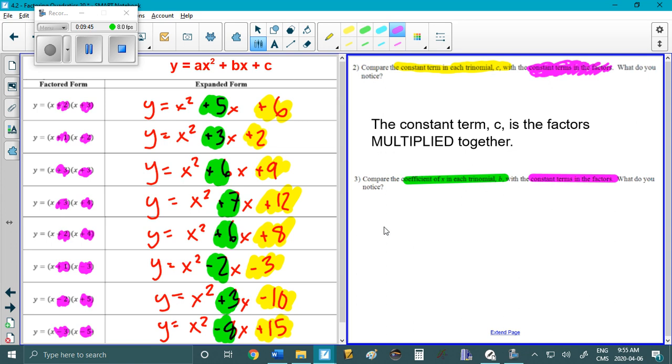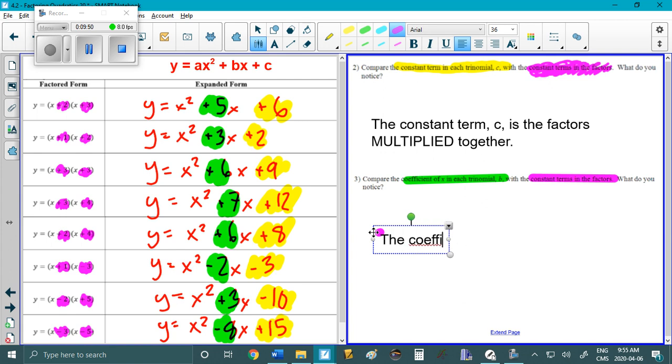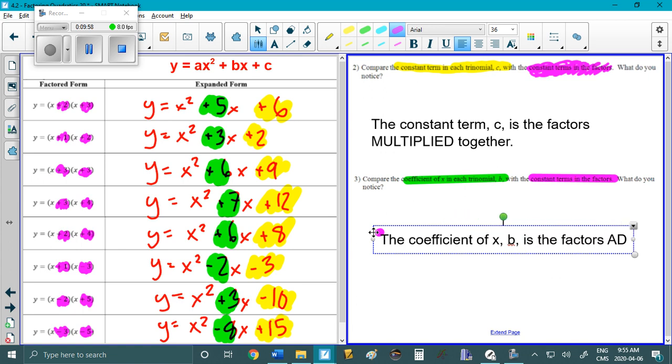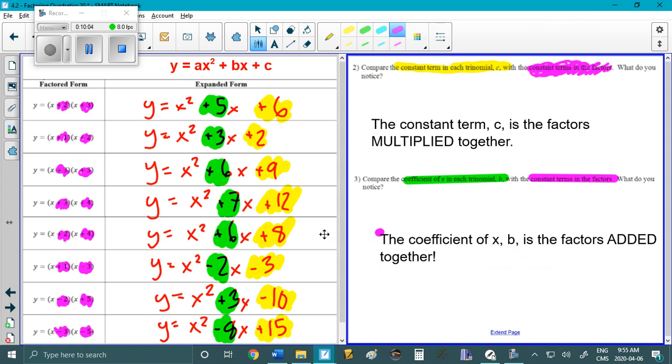Okay, so the relationship is the coefficient of x, or b, what we call it, is the factors added together. All right, so let's put these things together.